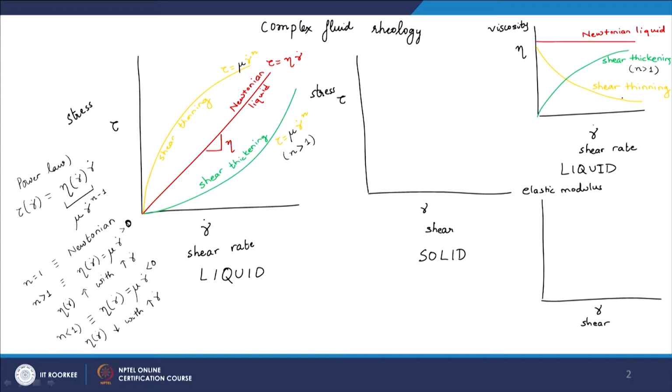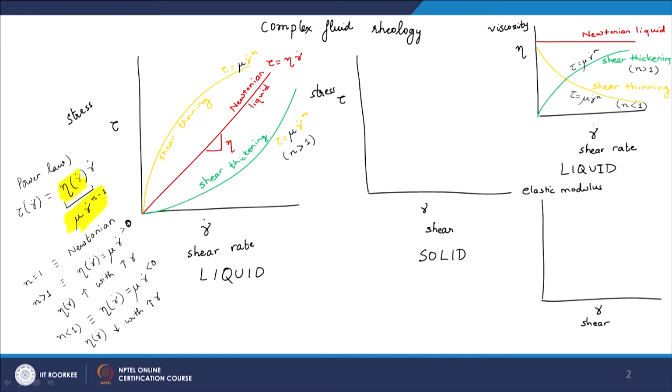So, this will show a shear thinning behavior. So, both of these I am representing using mu gamma dot to the power n, and I can define the effective viscosity using this particular formula.